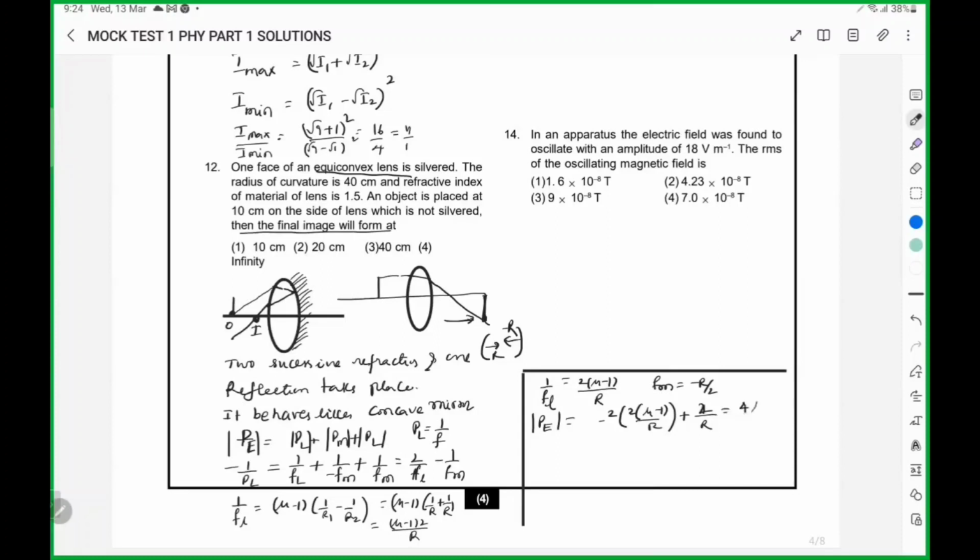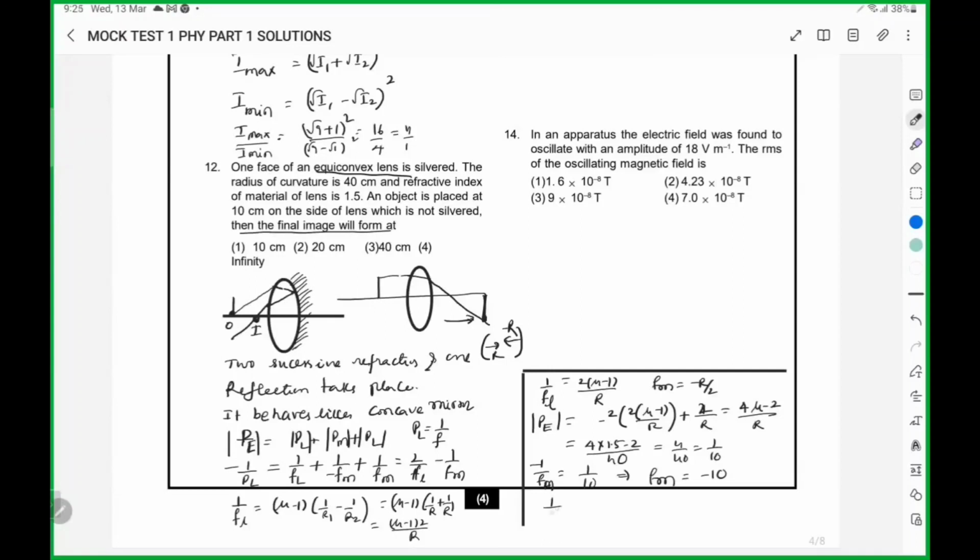That is (4 mu minus 2) by R. So mu here is given as 1.5, so (4 times 1.5 minus 2) by the radius of curvature 40, that is 1 by 10. Power here is negative, so this behaves like a mirror. So the focal length is minus 10.